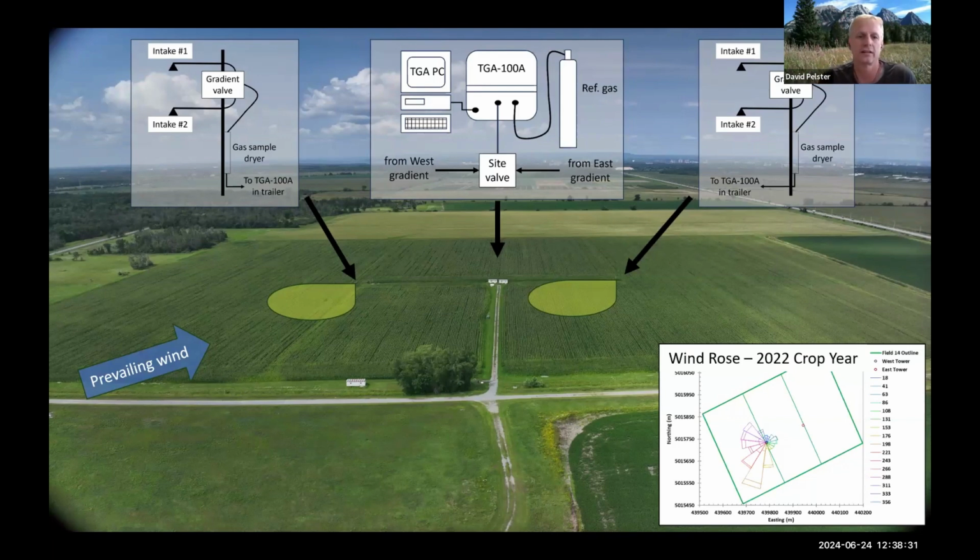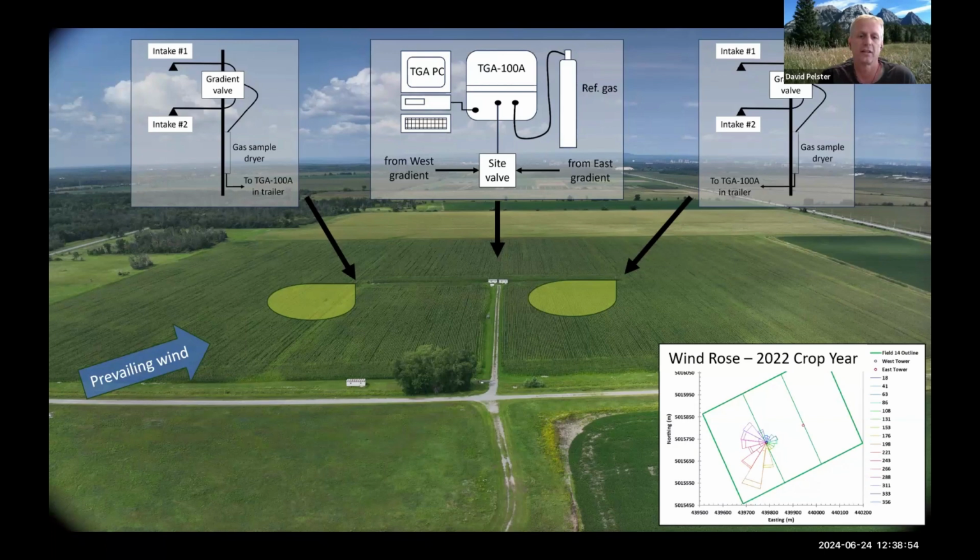You have a sonic anemometer that measures wind speed in 3 dimensions, and using your vertical wind speed and the difference in concentration at intake 1 from intake 2, the 2 different heights, you can estimate your flux from your footprint area.